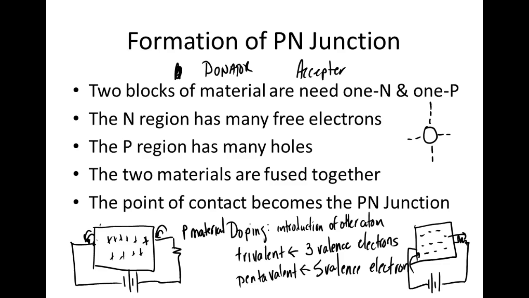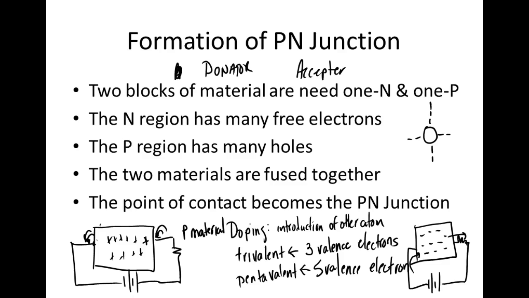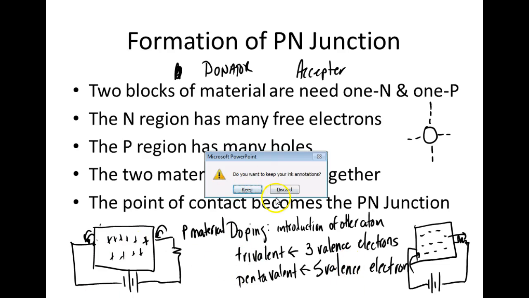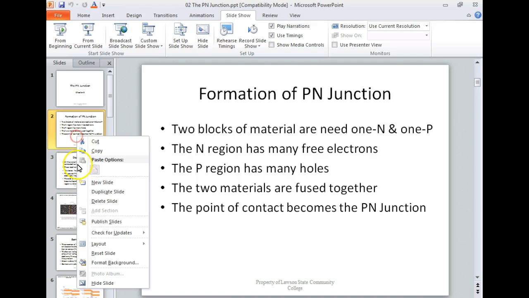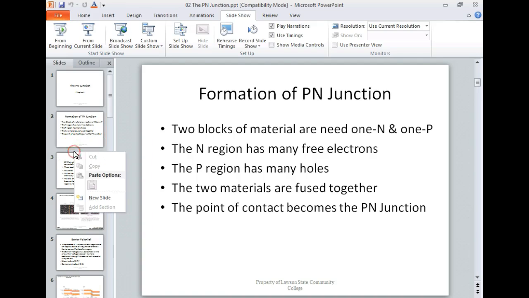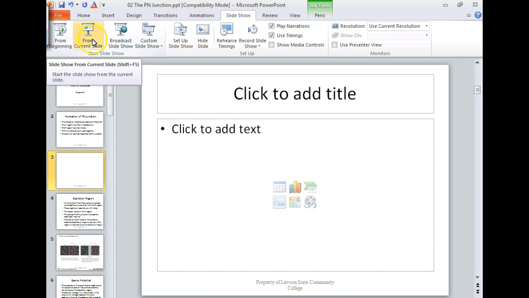So the p-n junction, I had the book out there, and you can look at it. When we fuse these two things together, and my slides are not what I want, but we'll make do, it's explained on the next slide. When I put these things together, we form what's referred to as a p-n junction.